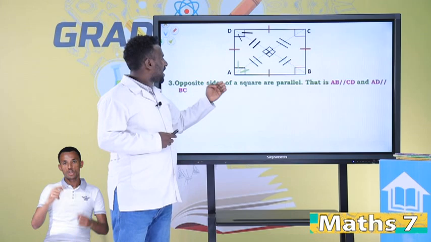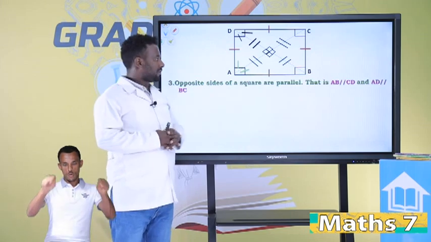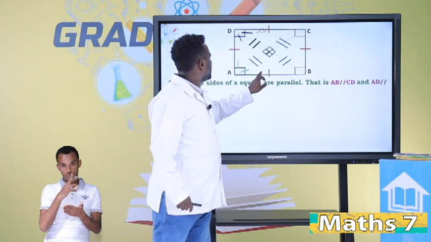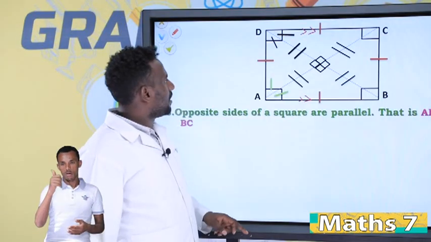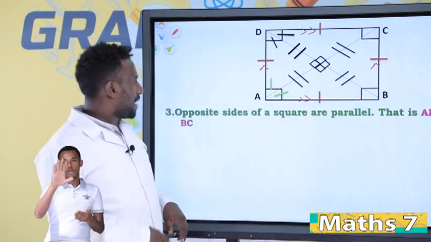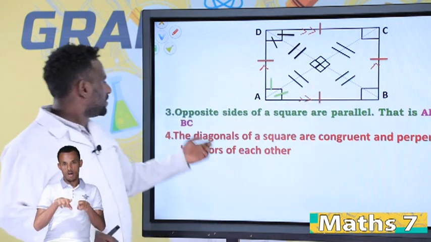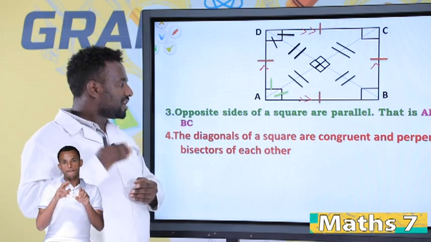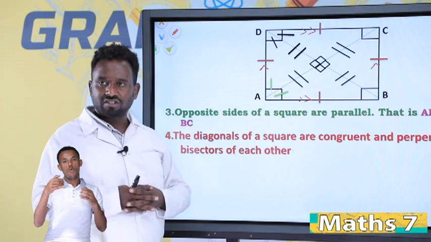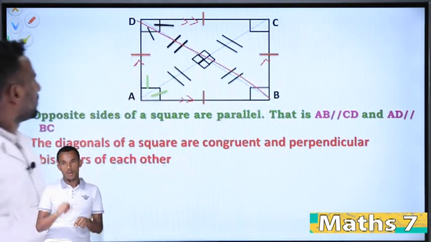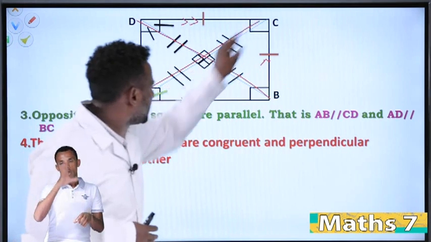The opposite sides of the square are parallel. This side DC and AB are parallel, and also this one and CB are parallel. The diagonals of a square are perpendicular and congruent to each other. The diagonals of a square, this is diagonal BD and diagonal AC.